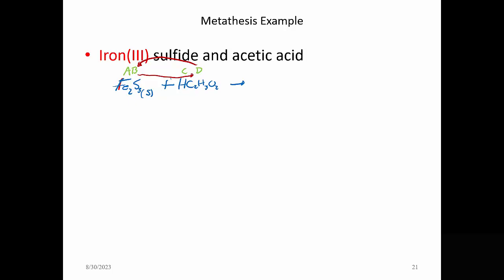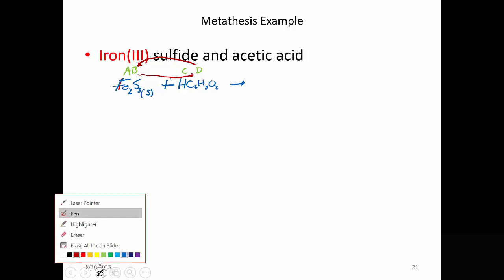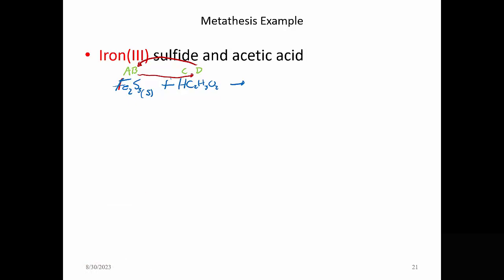So we just look at what is the cation. The cation is iron 3, but I'm going to use the other anion. The other anion is acetate. And so I will just go with iron 3 acetate. Now iron 3 is a +3, acetate's a -1, so we're going to need 3 acetates to balance the charge.